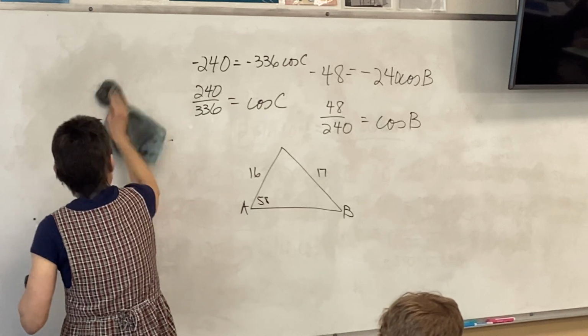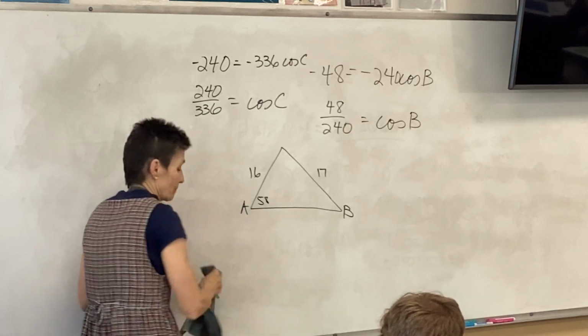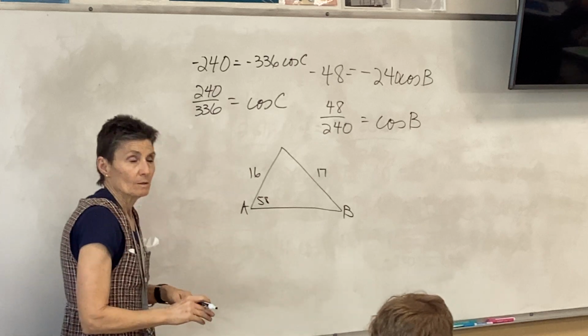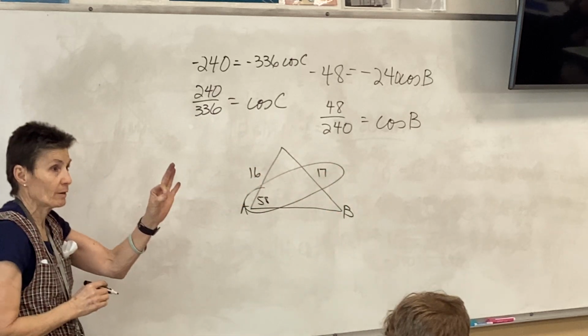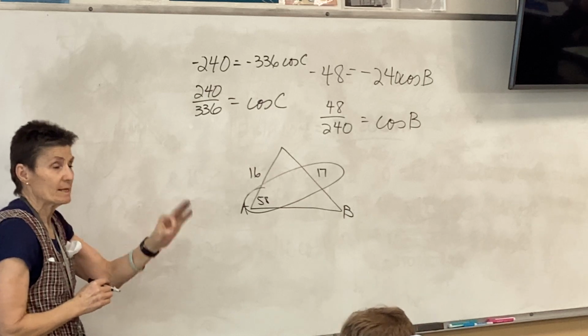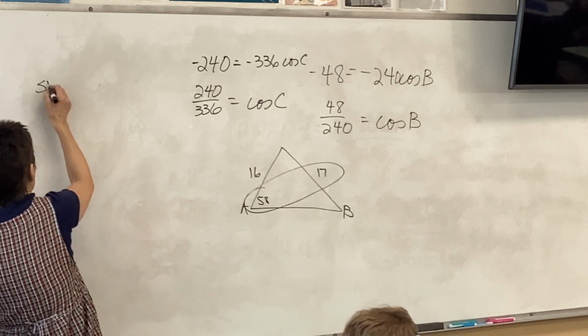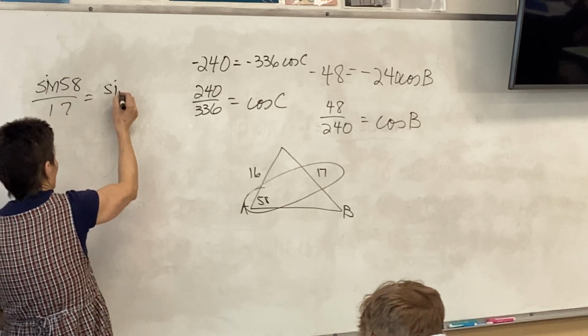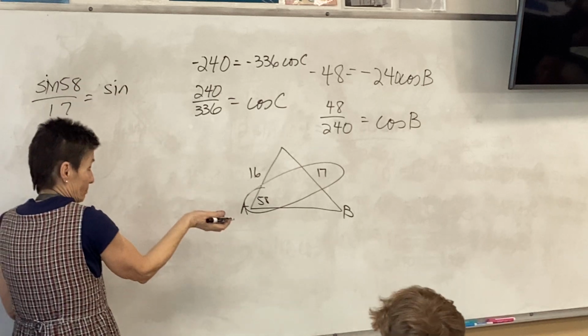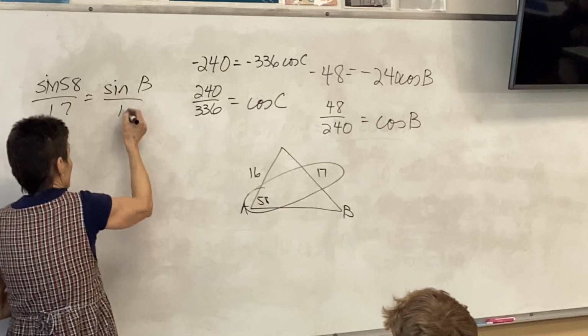All right, how do we start? We start by zeroing right in on the one with the sine, because that means sine 58 over 17 equals sine B over 16.